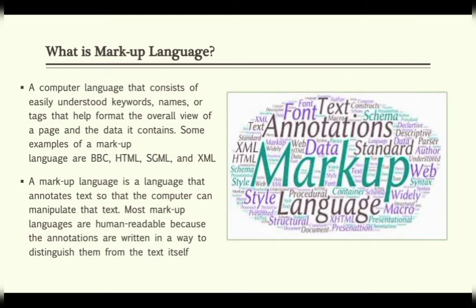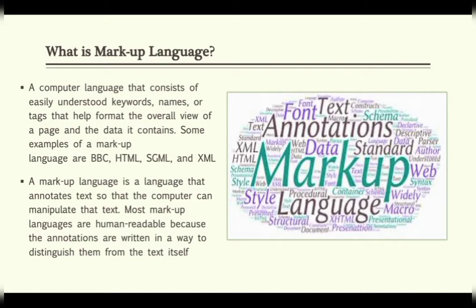And this contains data stored in HTML format, SGML format, XML format, XAML format also. And we can define it in some other way. Markup language is a language that annotates the text so that the computer can manipulate that text. Annotate means we can define it as a tag format, that the tags are annotated in the design format, so that we are using these markup languages.